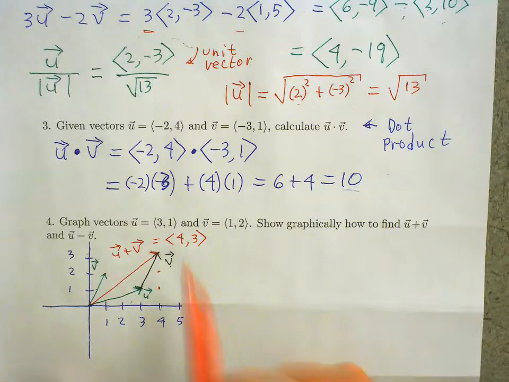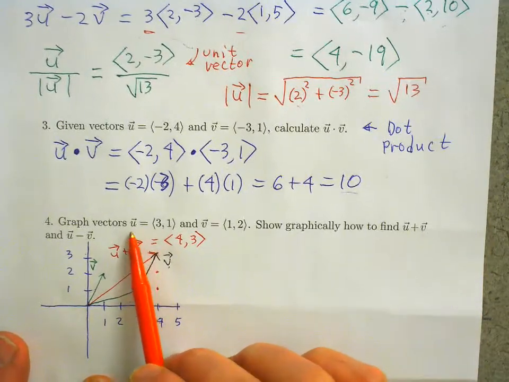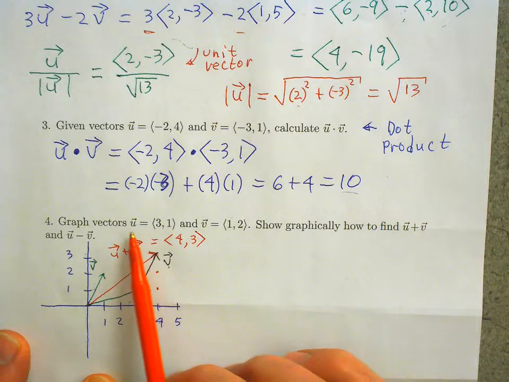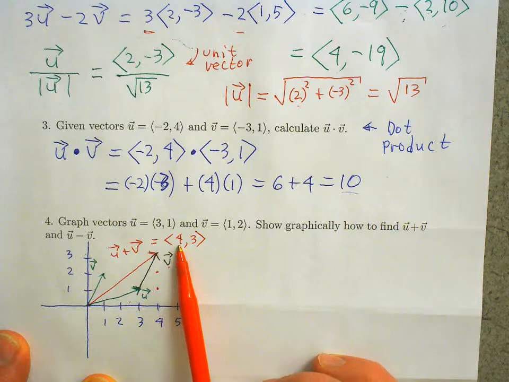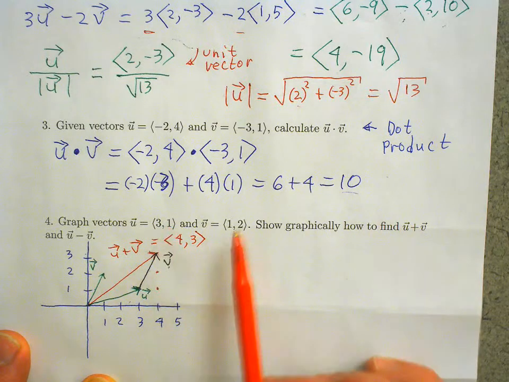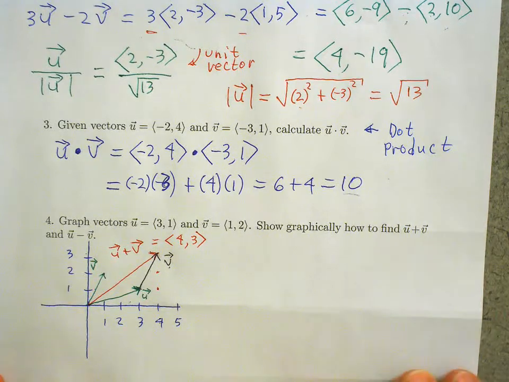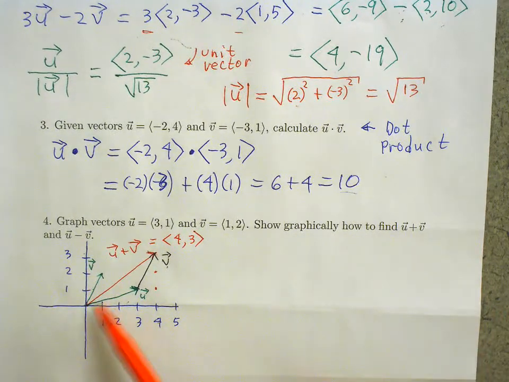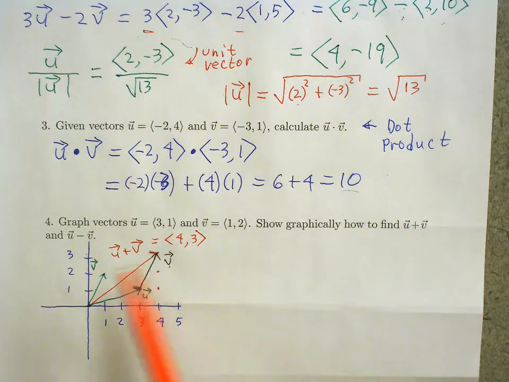And we can verify that just by doing the arithmetic addition of vectors u and v. So u plus v, sure enough, 3 plus 1 is 4, that's the first coordinate, and 1 plus 2 is 3 is the second coordinate. So you can see that it works out geometrically, which is equivalent to the arithmetic interpretation.